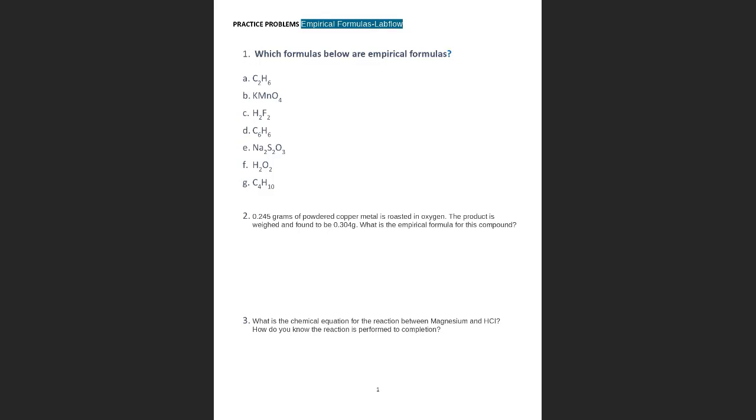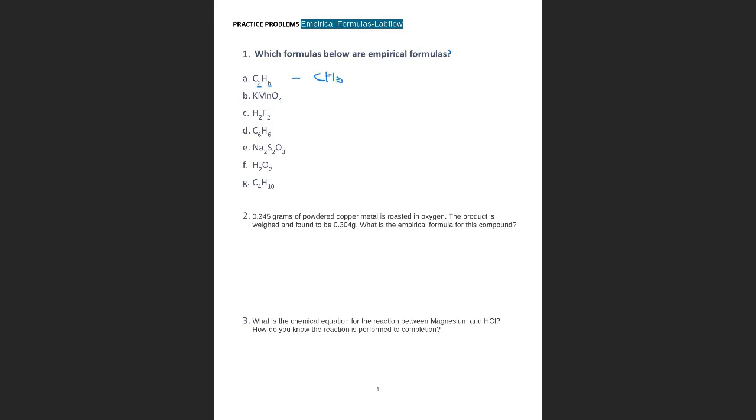How do we get the empirical formula? We look at these two and we look at these six. We need whole numbers, and the smallest number is the 2. So if I divide both subscripts by the smallest, yes, awesome, Karen. The empirical formula is CH3.